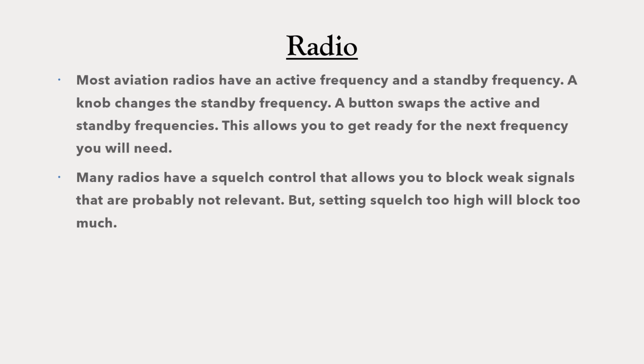So you set the squelch control basically to say how strong a signal needs to be before you want to hear it. So if you set it too low, you'll get a lot of static and a lot of irrelevant stuff that'll probably be hard to understand. If you set it too high, you can have transmissions that you wanted to hear get blocked.